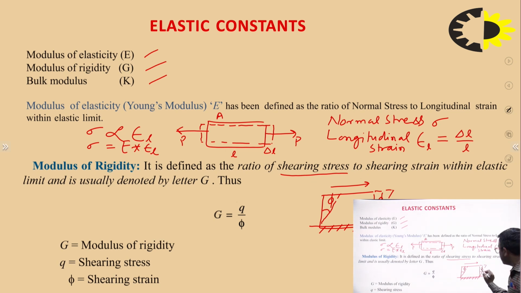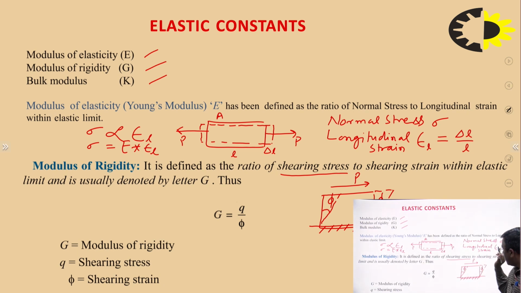So that is the shear strain. This phi is shear strain, and this force P is causing shearing stress in the plane of this body. So the ratio of shearing stress to shearing strain is known as modulus of rigidity.